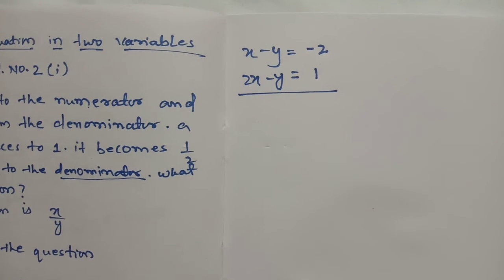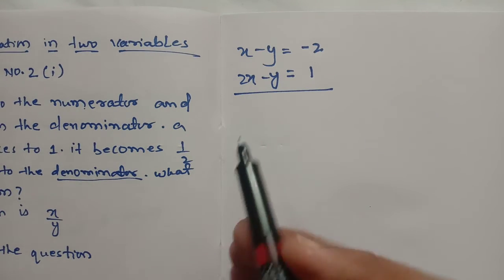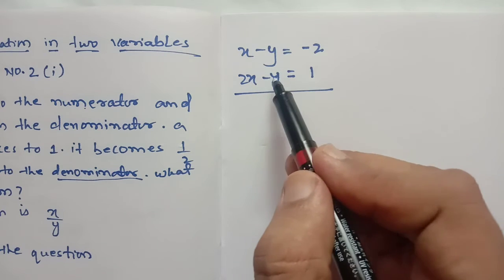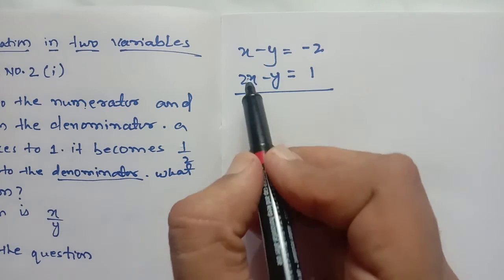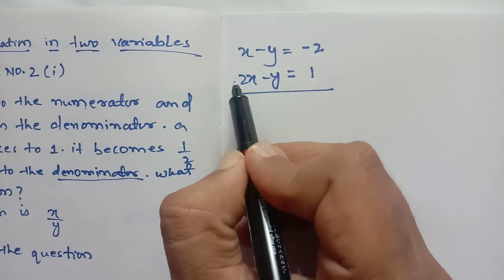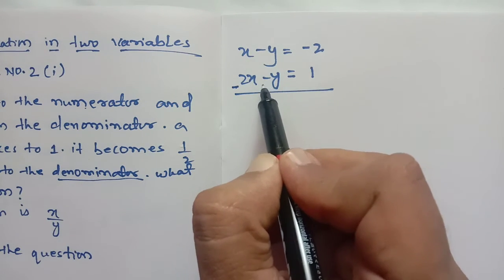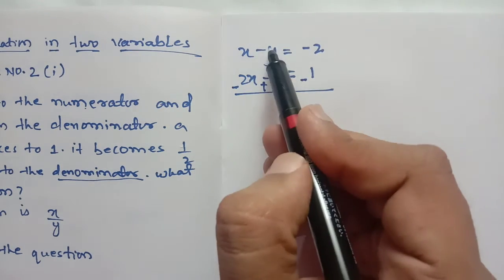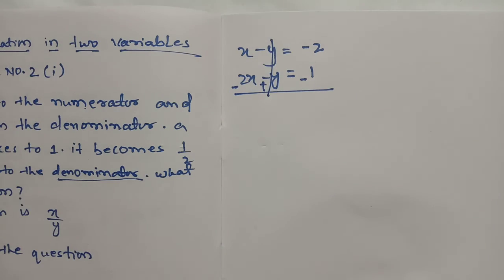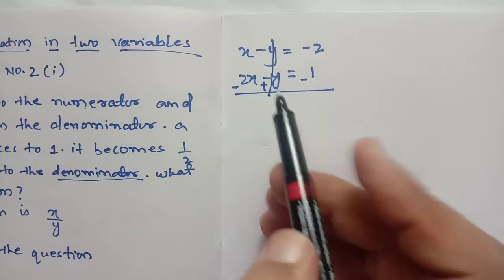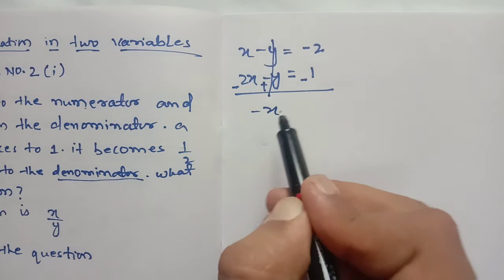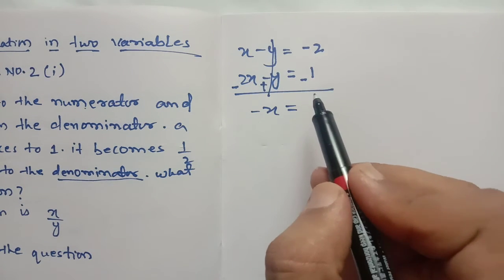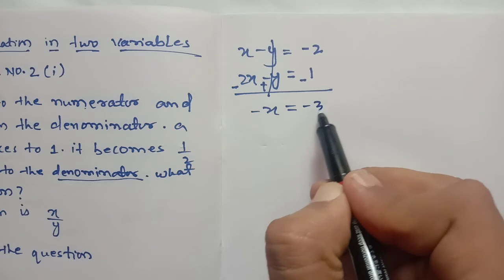Now we have to solve this, students. So in these two terms, the y term can be eliminated. Only thing is we have to change the sign. We need not balance the equation. This is plus, it will be minus. This is minus, it will be plus. So minus y and plus y get cancelled. x minus 2x will be minus x, student, is equal to minus 2 minus 1 will be minus 3.